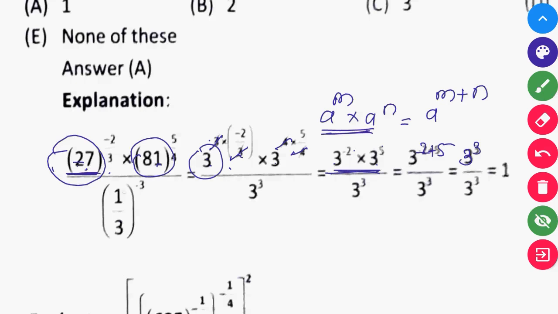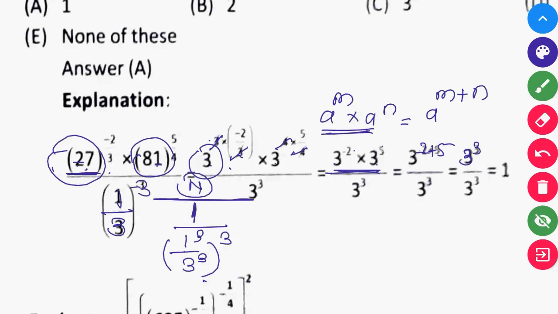Now, what happens to the denominator? See, 1 upon 1 by 3 raised to minus 3 is equal to 1 upon 1 by 3 raised to 3. Now, this means 1 raised to 3 and 3 raised to 3. Okay. Now, this whole numerator, this rational number, is in division, so we take its reciprocal.